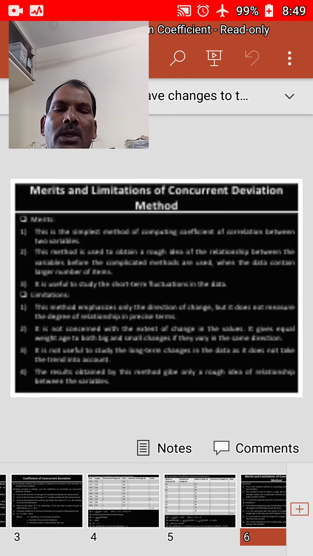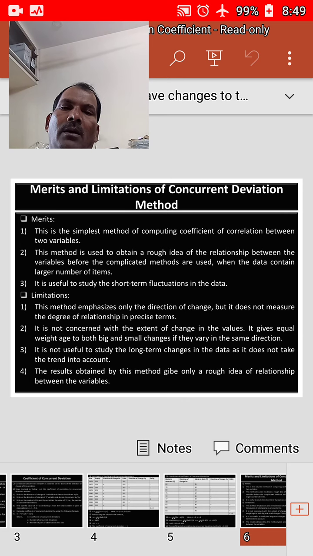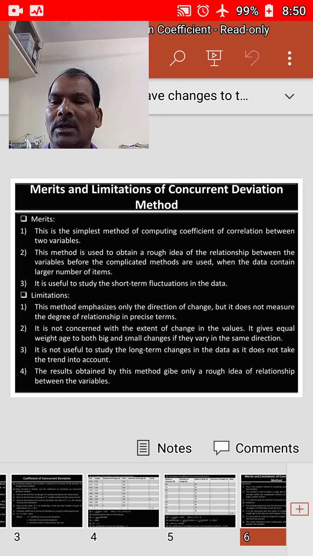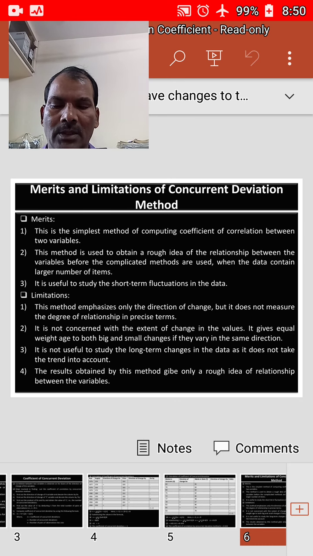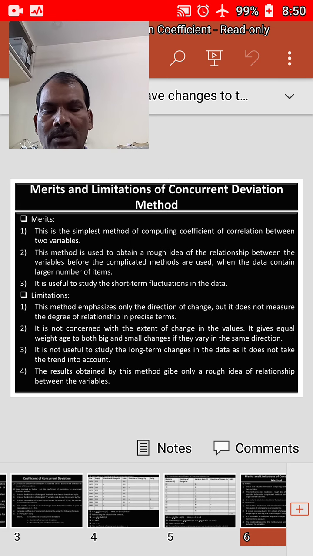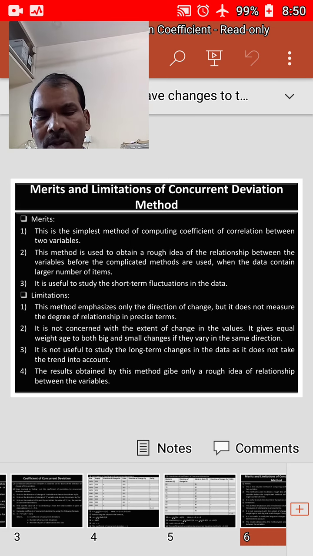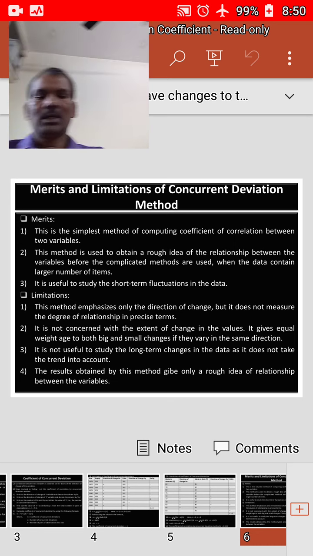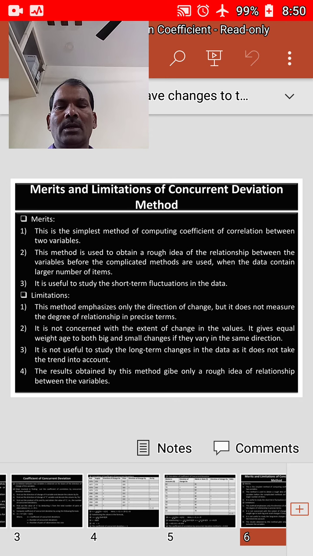Now we will see the merits and limitations of concurrent deviations. First we will see the merits. This is the simplest method of computing the coefficient of correlation between two variables, and this method is used to obtain a rough idea of the relationship between the variables before the complicated methods are used.